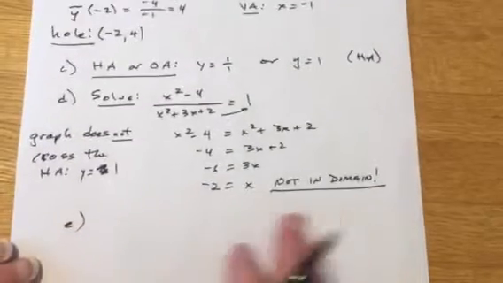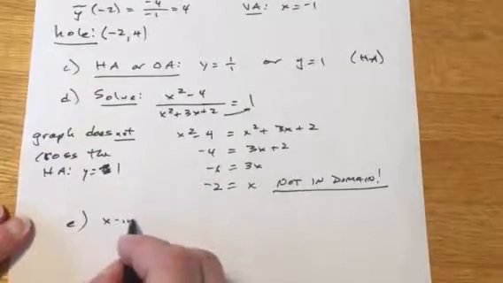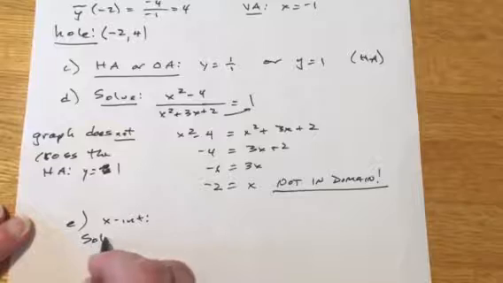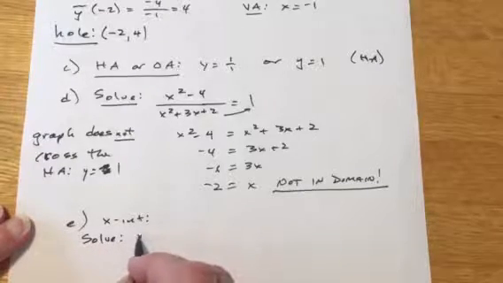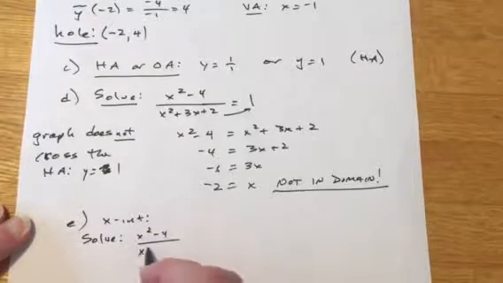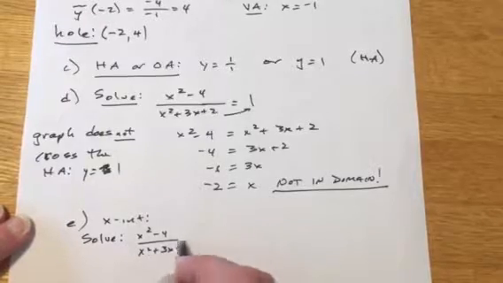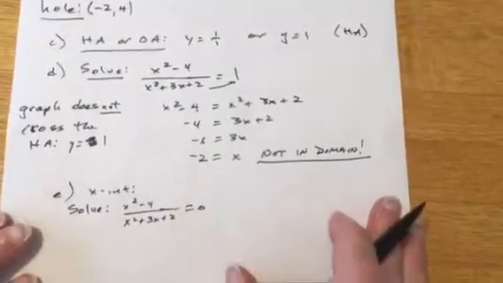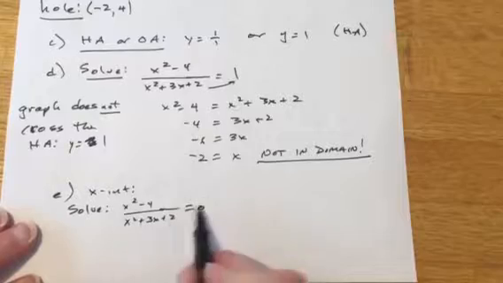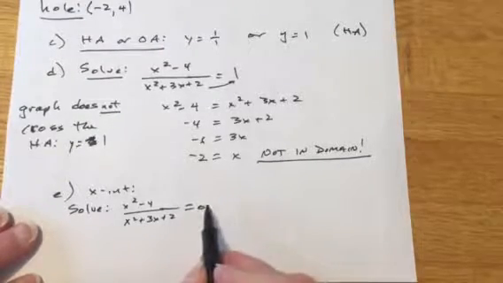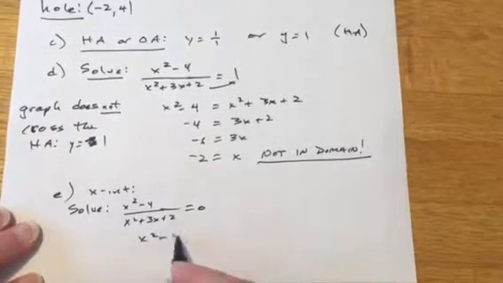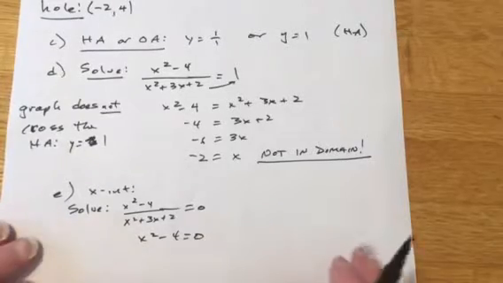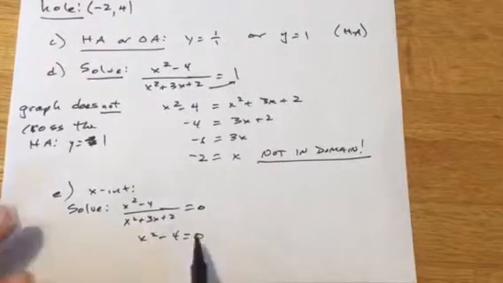And then E is our intercepts. For x-intercepts, remember we have to solve. We set our function (x² - 4)/(x² + 3x + 2) equal to 0. You could multiply both sides by the denominator, and it'll just be 0 on the right still. Or in a fraction, the numerator has to be 0 for the whole thing to be 0.